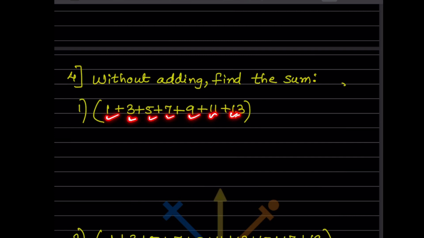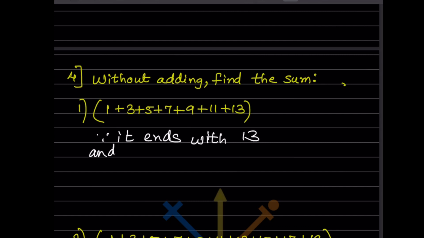So what can we do here without adding? This is n square. So 7 numbers, since it ends with 13: 1 plus 3 plus 5 plus 7 plus 9 plus 11 plus 13 is the sum.